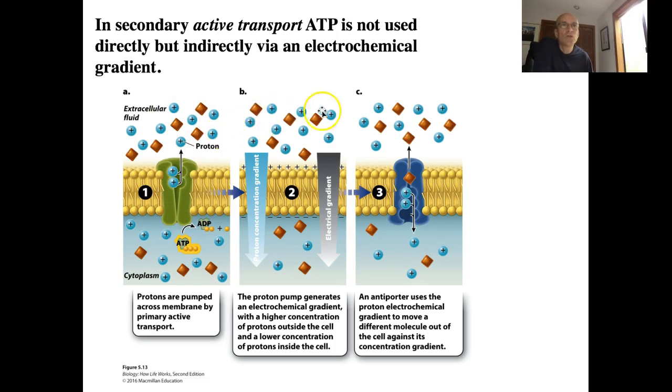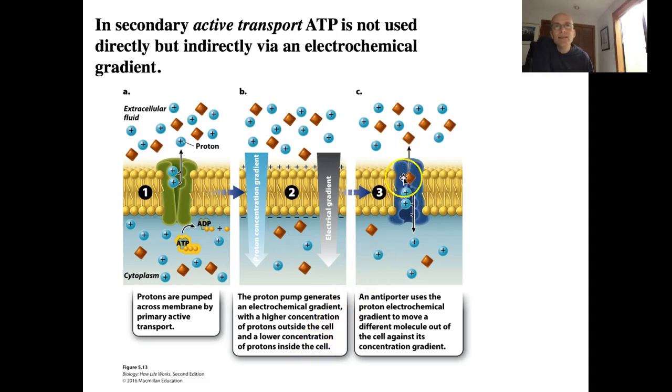So now you have a concentration gradient where you have more protons on the outside than on the inside. And you also have a charge gradient, because these protons were all positively charged, right? So the proton pump generates an electrochemical gradient, as it's called, with a higher concentration of protons outside the cell and a lower concentration of protons inside the cell.